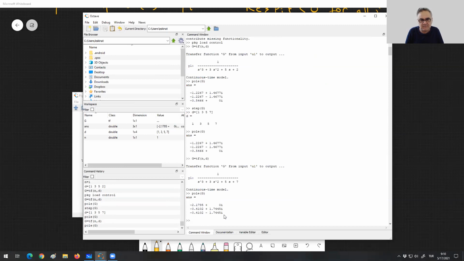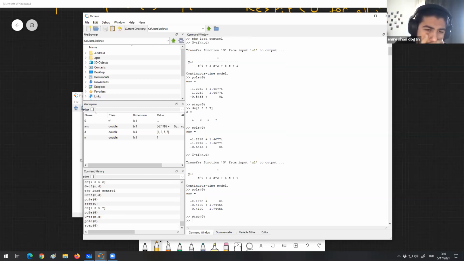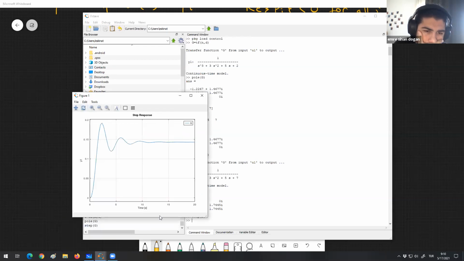This is still stable. Hocam, don't we need to change the signs like -5s or? I know. This is still stable. Now, this is still a stable system, as you see. You see the step response.